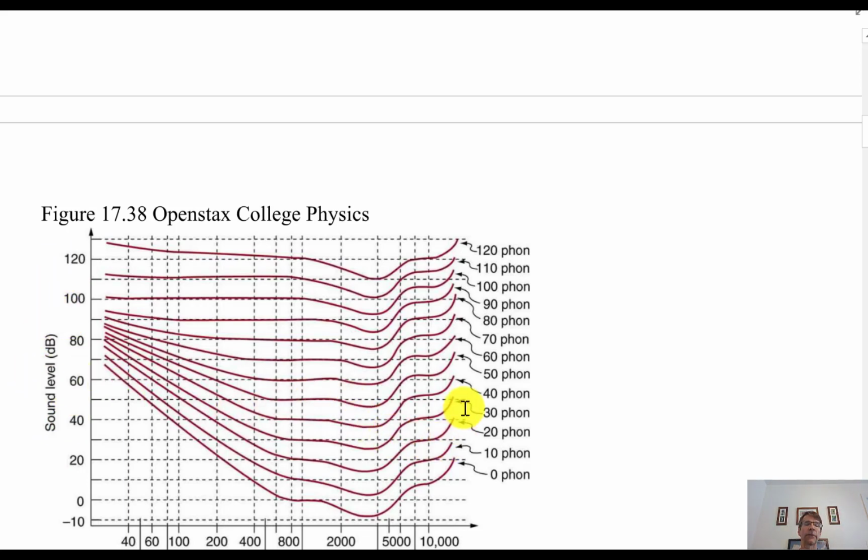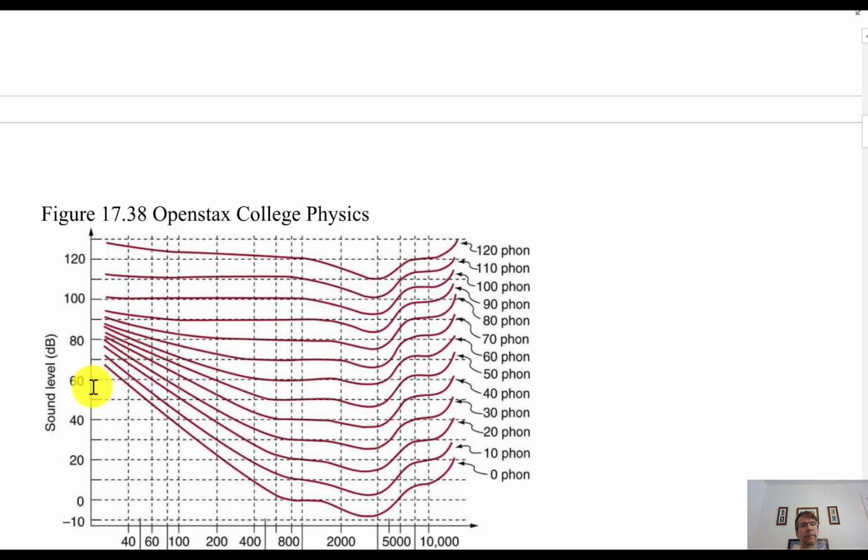That's your perceived loudness. Basically, at lower frequencies, those sounds have to be played really loud for you to hear them. Otherwise you don't hear them, number one. And number two, you will hear them like 80 decibels.